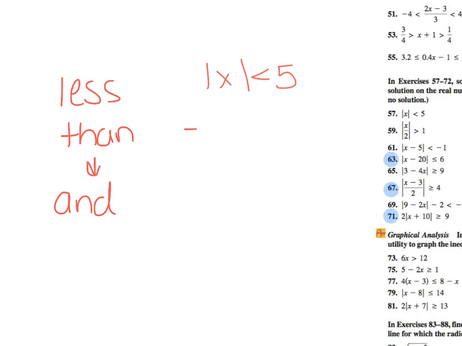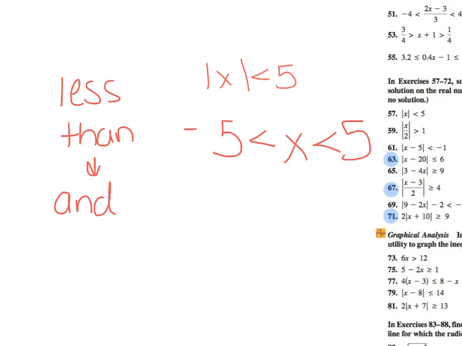I would tack the negative version of that number to the left of my variable. The sign is going in the same direction. The absolute value comes off the x, and I continue the original statement as it is.